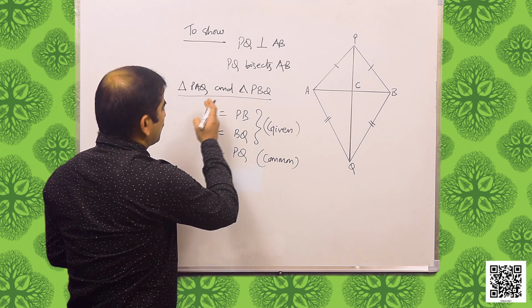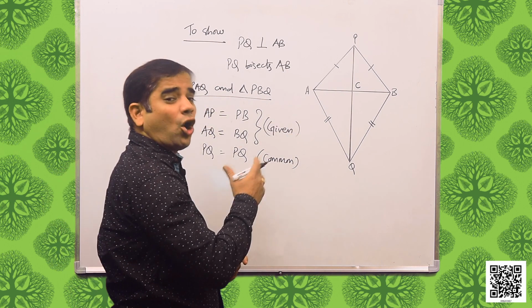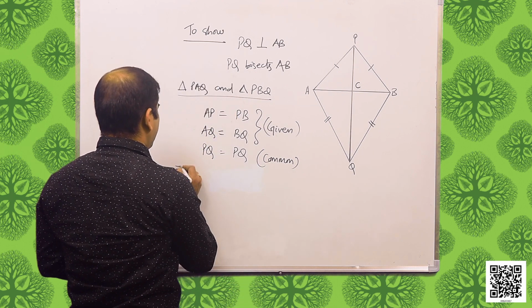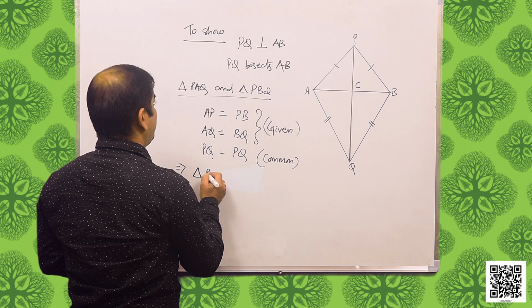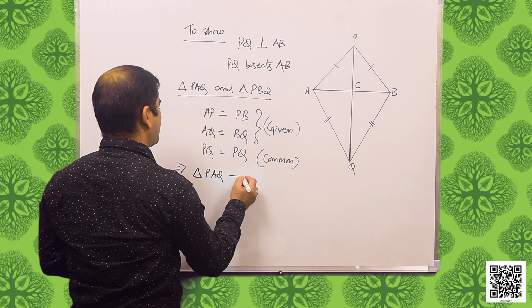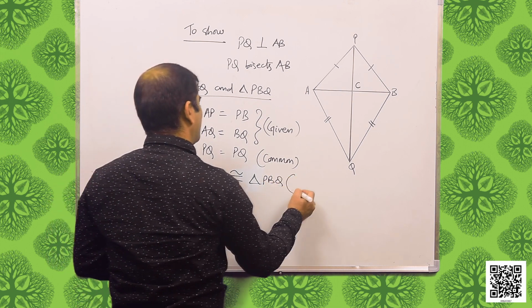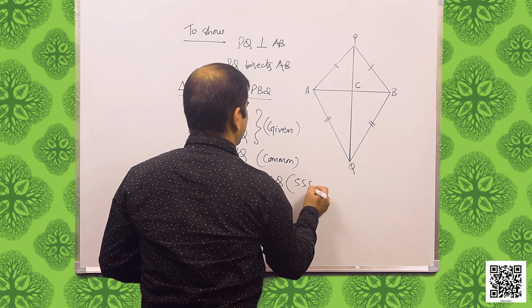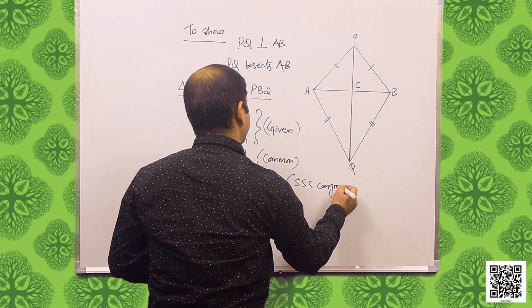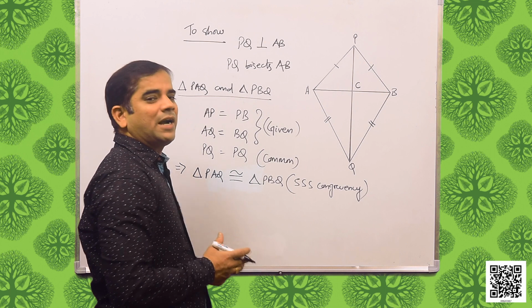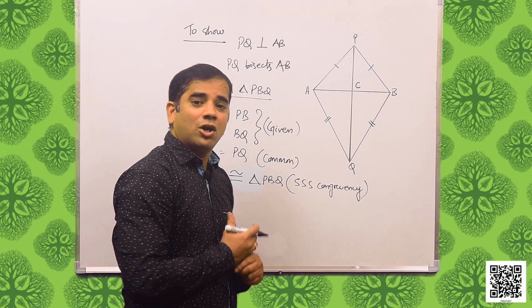We have three corresponding sides equal to each other. Therefore, triangle PAQ is congruent to triangle PBQ. Why? SSS congruency. So these two triangles are congruent following the SSS congruency.